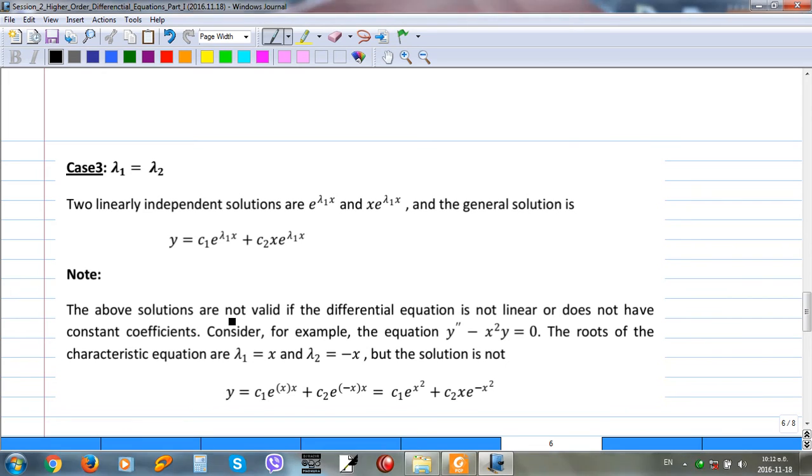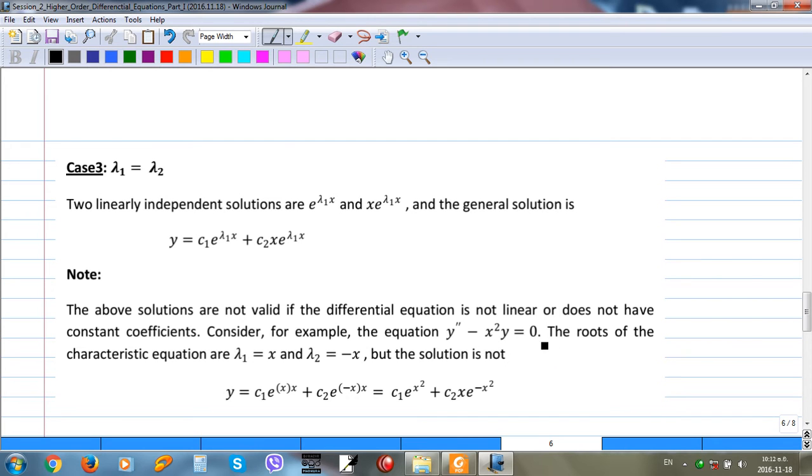The above solutions are not valid if the differential equation is not linear or does not have constant coefficients. Consider for example the equation y double dash minus x square y equals 0. If x square is there, that is not a linear equation with constant coefficients, so we can't apply this.